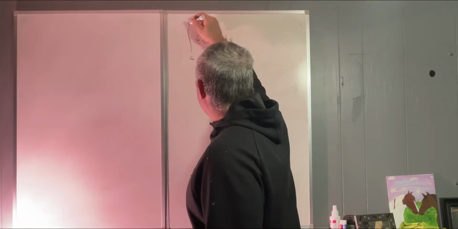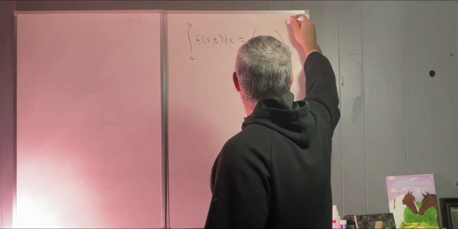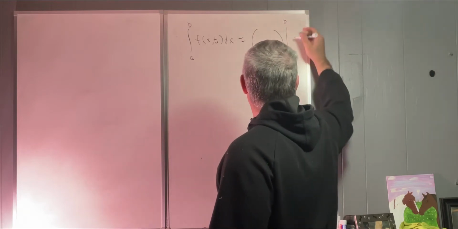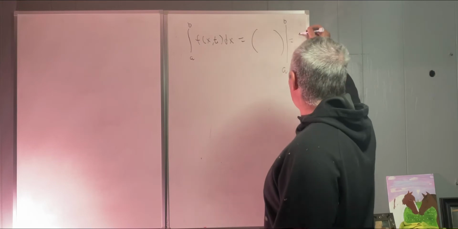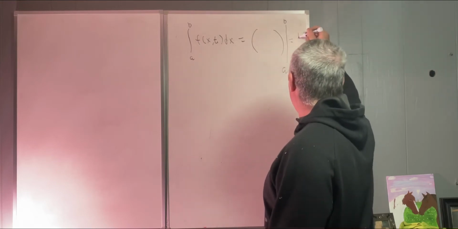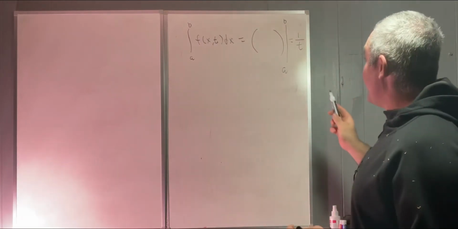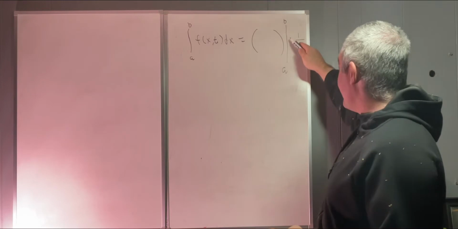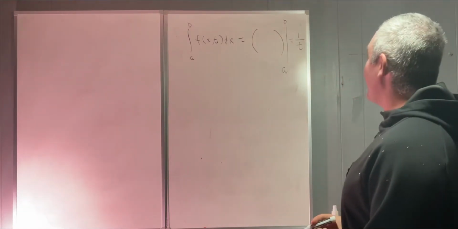From a to b, and somehow this has to equal something of the form like 1 over t, just as a guess, because that way if we anti-differentiate this with respect to t, we can also anti-differentiate this with respect to t. So I hope I'm making sense so far.